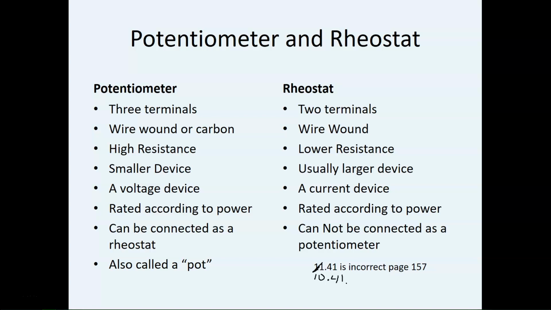Which means that figure 11-8 is incorrect as well. They're calling that a rheostat. That's actually a potentiometer. I don't know where they're getting that that's a rheostat. Rheostats only have 2 terminals, guys.